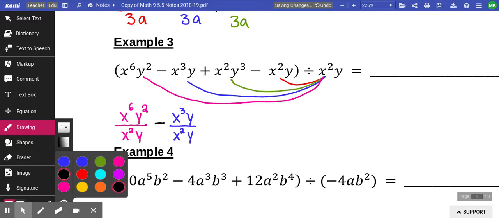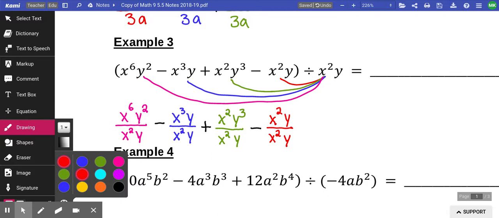Then I have my third term, which is my green. I have x squared y cubed divided by x squared y. Subtract the fourth term. Fourth term is my red arrow. It's x squared y divided by x squared y. And I do each fraction individually.